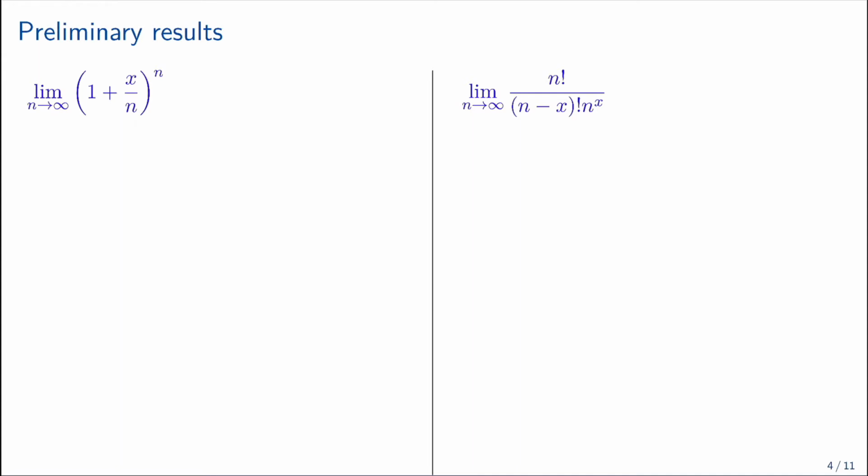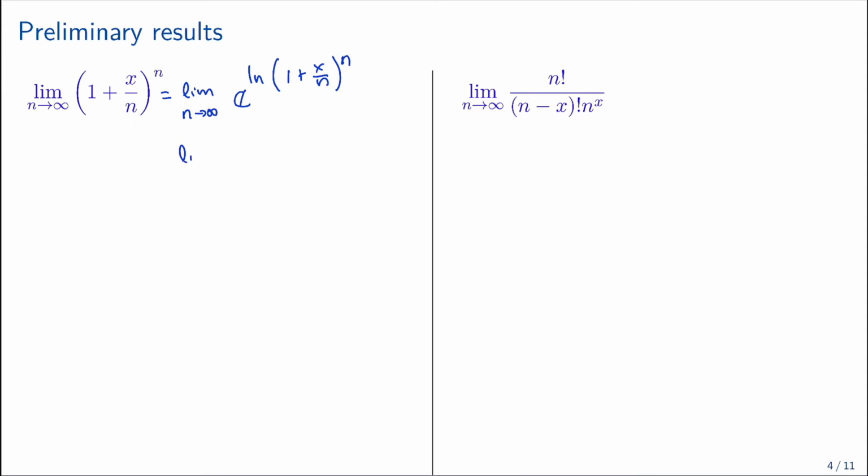Now the limit of 1 plus x over n to the power of n is equal to the limit when n approaches infinity of, I'm going to apply the exponential and natural log function, so they will cancel out each other, but it will help me to compute this limit. So e to the natural log of 1 plus x over n to the power of n. Now, because we have the natural log of something to the power of n, I can move the n to multiply.